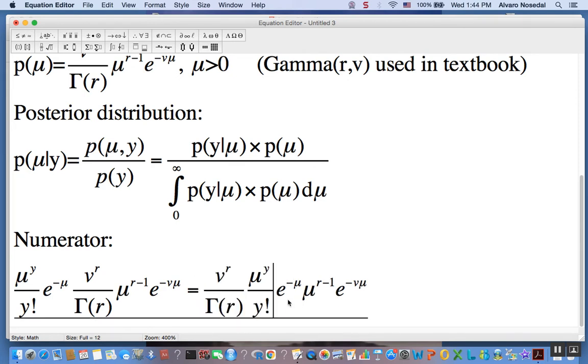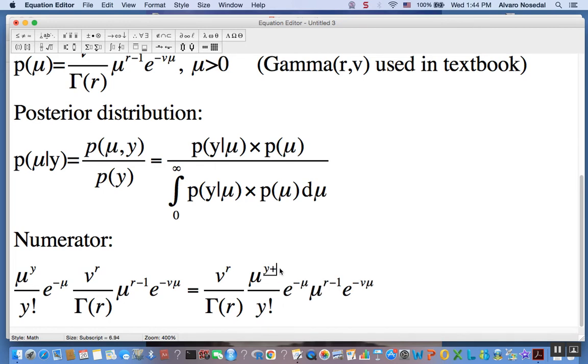And we could rearrange the other terms here. It would be the same as mu to the power r minus 1 here. Then we don't need this anymore.